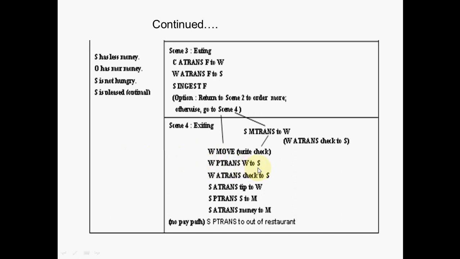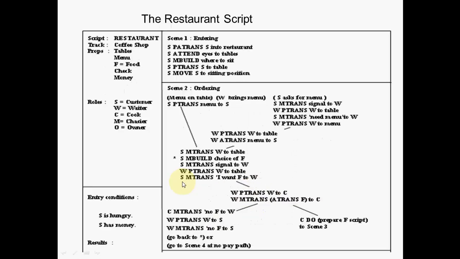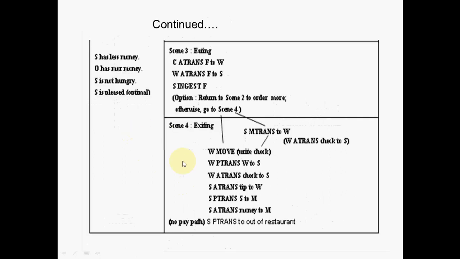Waiter moves to the customer. Then waiter gives the check to the customer. Then customer gives the tip to waiter. Customer moves himself to M. Now what is M? Cashier. Customers go to the cashier. Okay, and customer gives money to cashier. Fine.